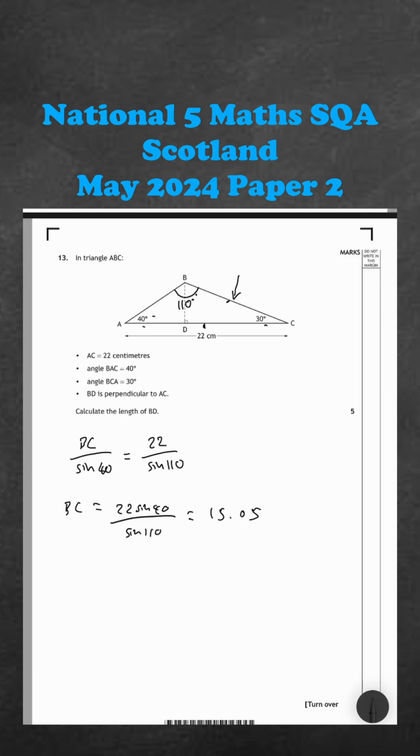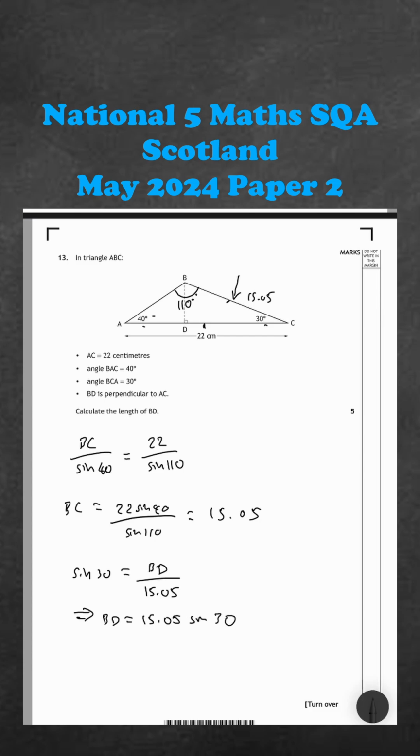Then what we can say, 15.05, now that we are looking at a right-angled triangle, we can say that sine 30 is going to be opposite over hypotenuse. We're looking for opposite, which is BD. Hypotenuse is 15.05. Therefore, BD equals 15.05 sine 30.